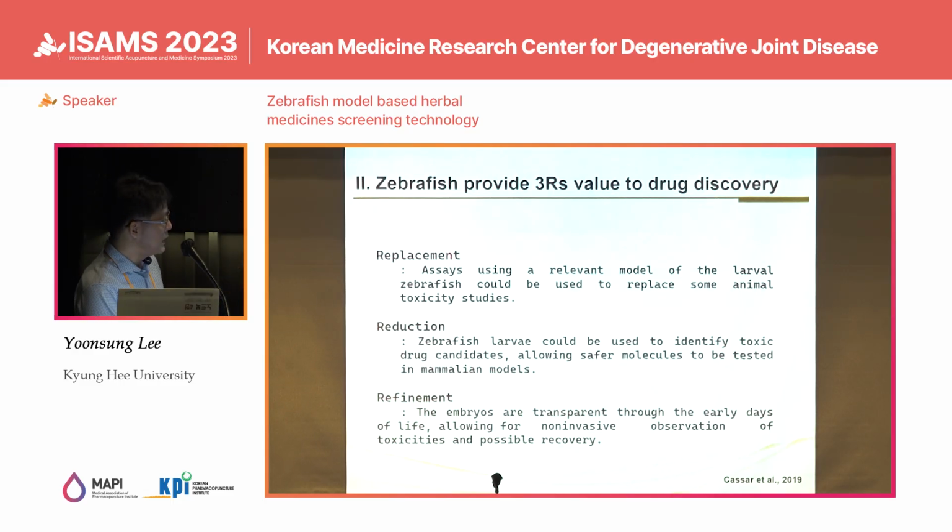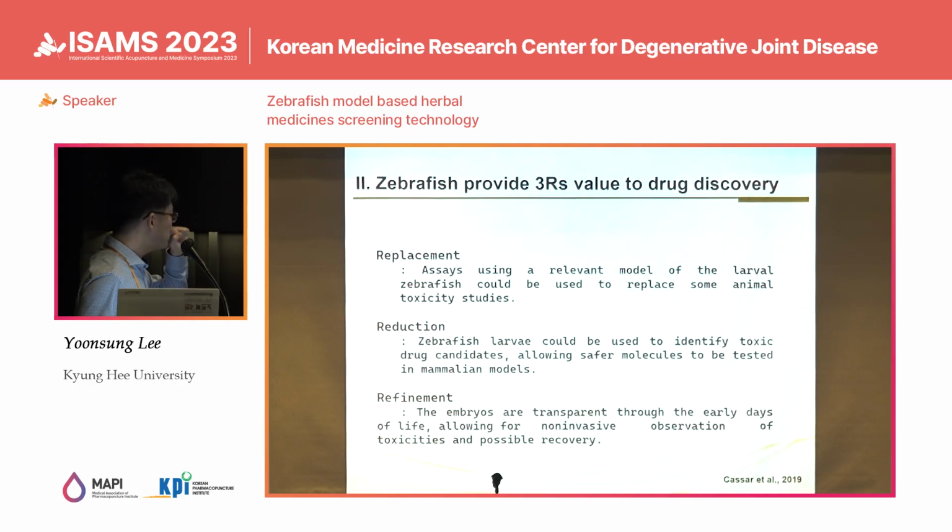First, for replacement, when you're using a relevant disease model of zebrafish at the larval stage, we can replace animal toxicity studies. And second, reduction means zebrafish larvae can be used for toxicity studies of drug candidates, and it can allow safer molecules to be tested in higher vertebrates like the rodent system.